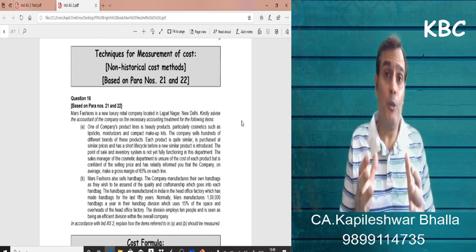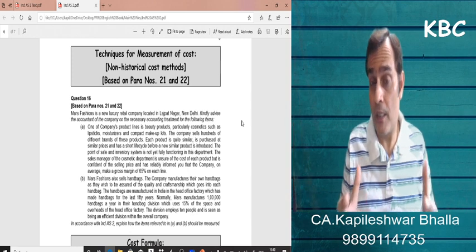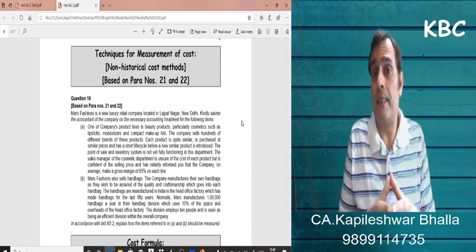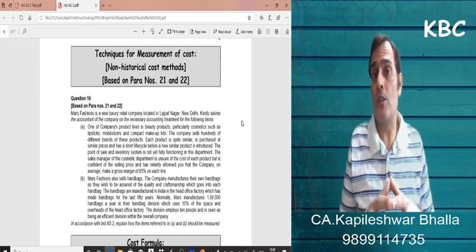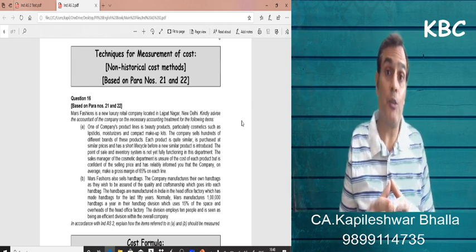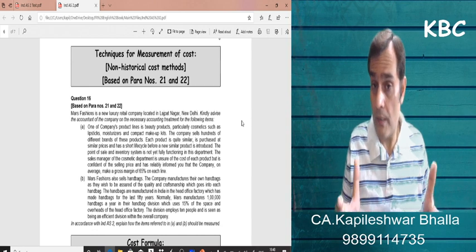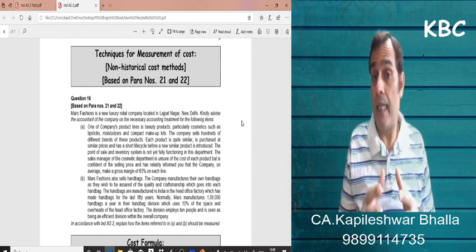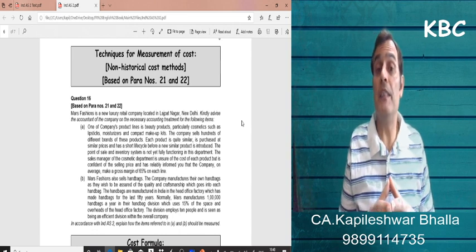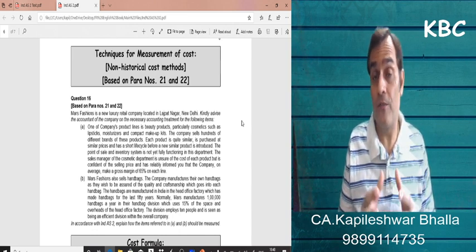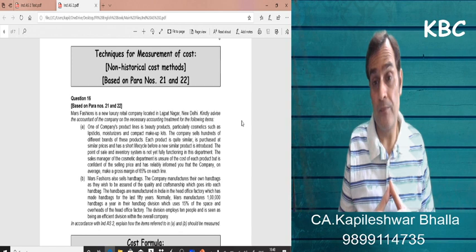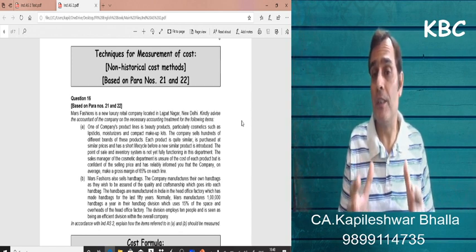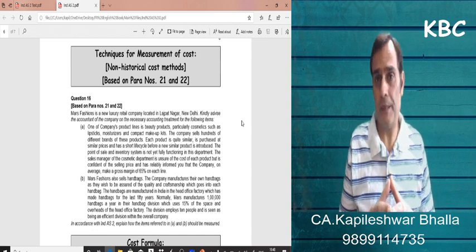Because if you've been manufacturing for the last 50 years, one would always ensure that you predetermine a cost which approximates the actual cost incurred. Normally, Mars manufactures 1 lakh bags a year in the handbag division, which uses 15% of the space and overheads of the head office factory. The division has 10 people and is seen as an efficient division within the overall company.